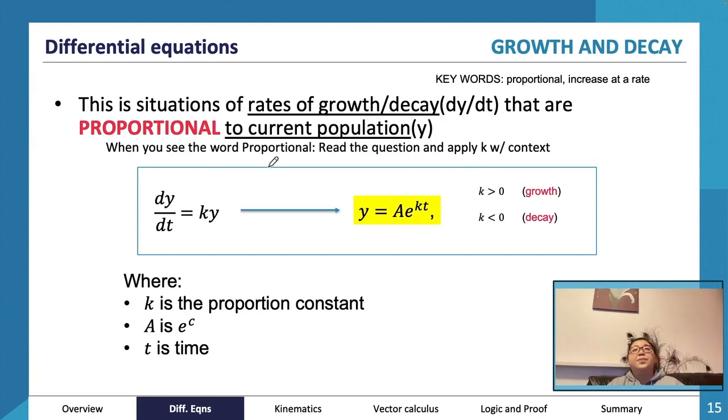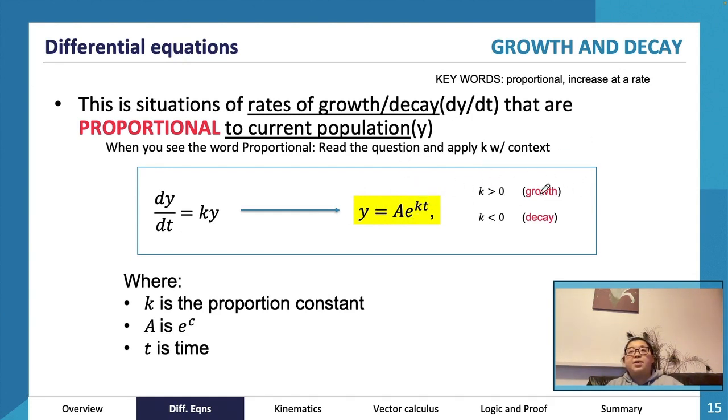Okay, cool. If we're looking at something which is growth or decay, which is proportional to the population, then if y equals the population, dy/dt will equal ky. Therefore y by itself will be equal to a times e to the power of kt.